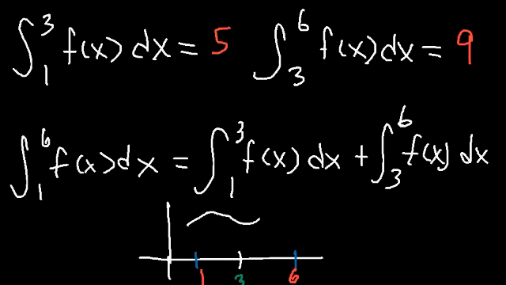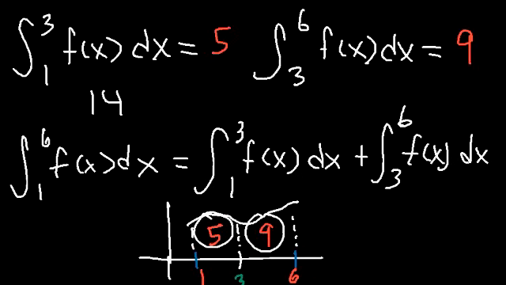Let's say this is the curve. The integral from 1 to 3 is 5. The integral from 3 to 6 is 9. So from 1 to 6, it's simply the sum of these two values. It's going to be 5 plus 9, which is 14.